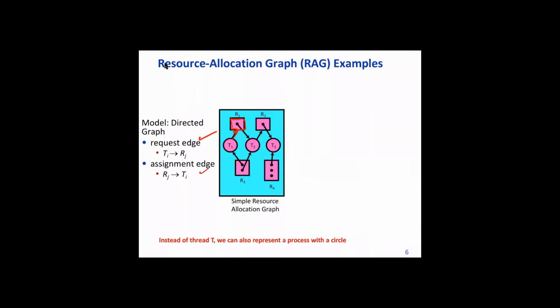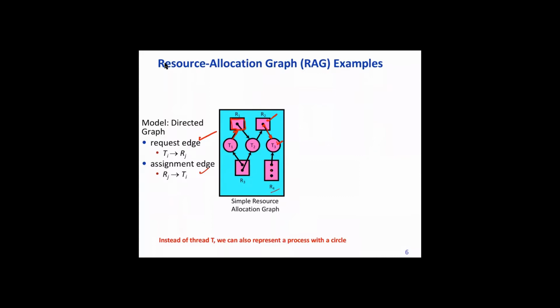The one which goes from resource to thread is assignment. It means the resource R2 is assigned to thread T3 and so on. Whenever in a rectangle we see multiple dots, each dot represents a unit of that resource. Here there are three dots, which means there are three resources of type R4.